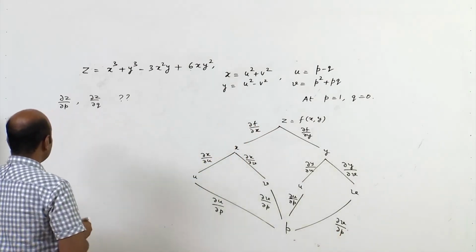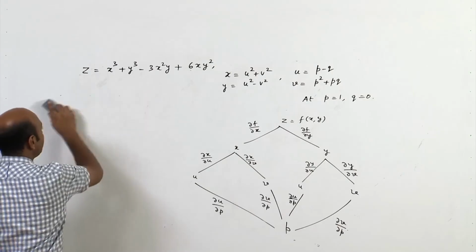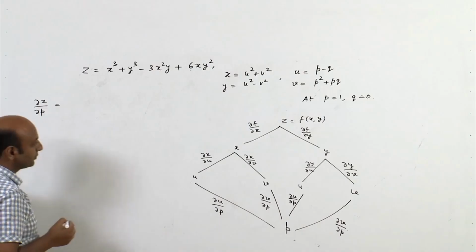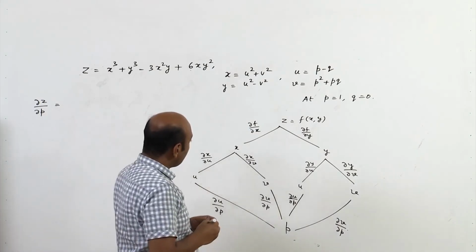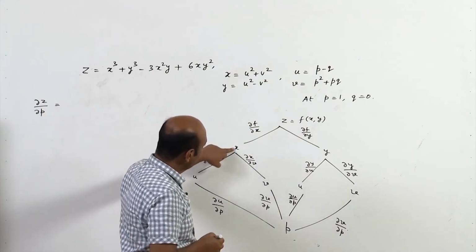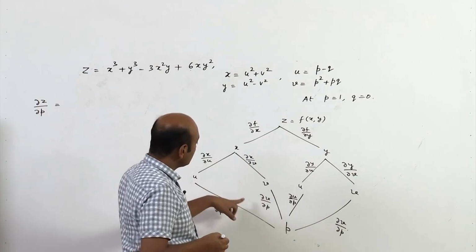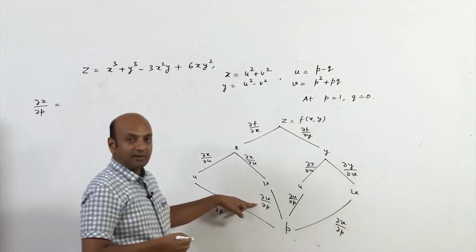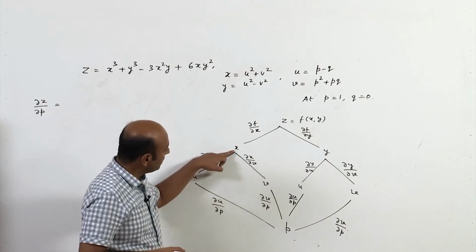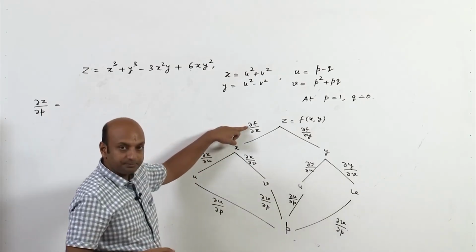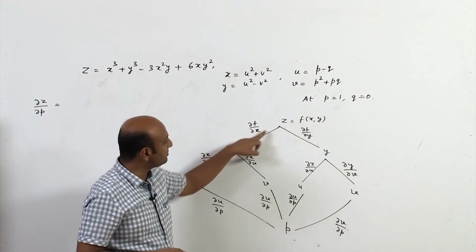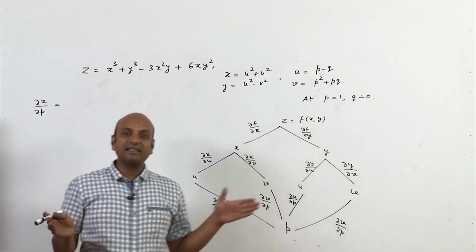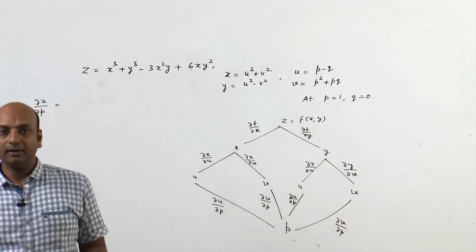Now, how can we write del z by del p? First you come to this point and then you come to this point. For this point, this into this plus this into this, and whatever we obtain at this point, multiply this with this. Then the first branch will be over, and similarly for the second branch, and add them, we will get del z by del p.